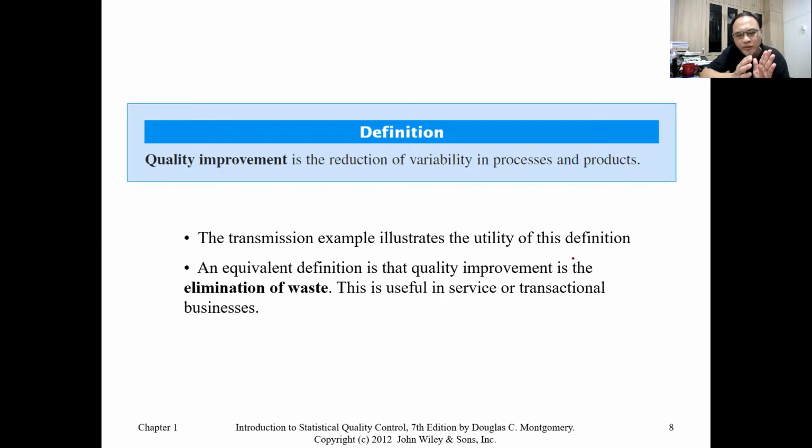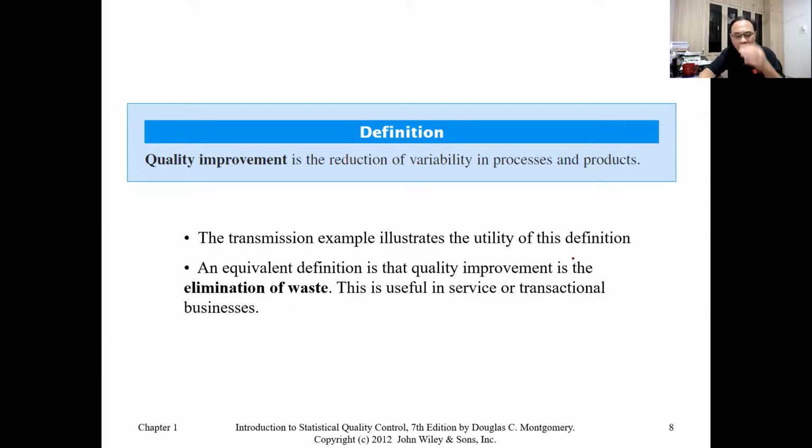If we can reduce waste, it's very much related to another concept, which is lean. You can call it lean manufacturing or lean systems, originally developed by the Toyota production system. The elimination of waste is trying to make the process much more efficient.